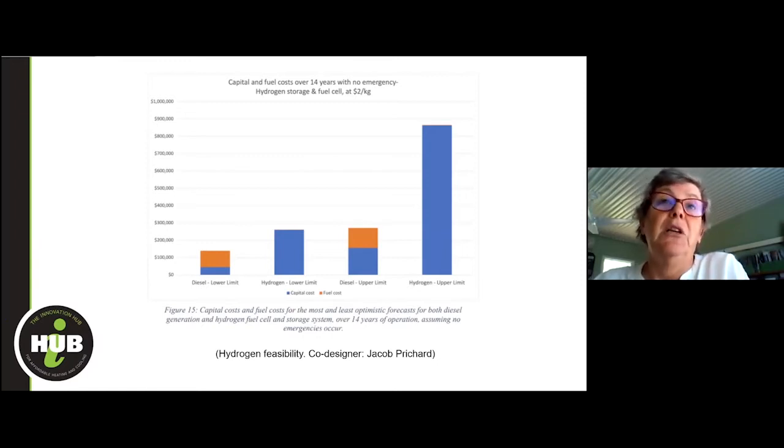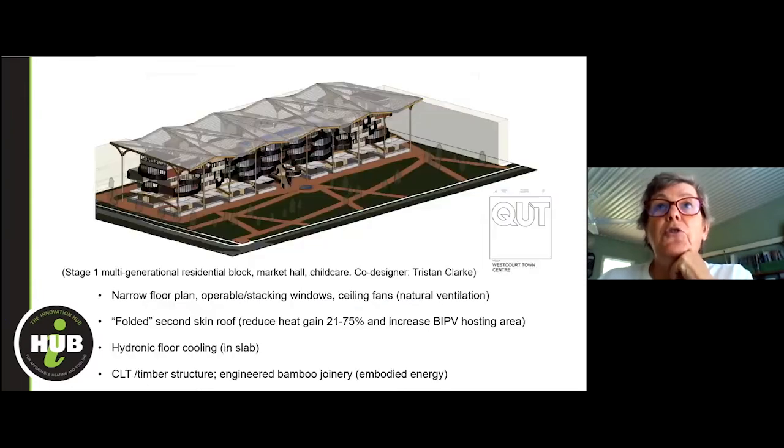So it was looking at a comparison of diesel, both the capital costs and fuel costs for running diesel as your backup power solution, compared to hydrogen. And he applied that strategy to Tristan's building shown in the previous slide.